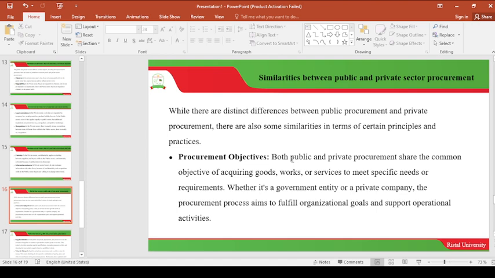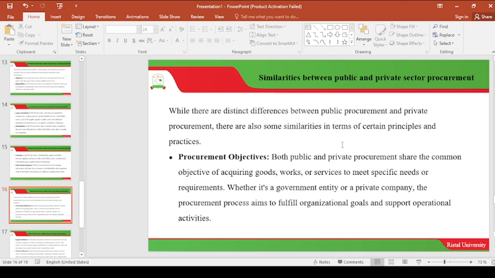Yes. While there are distinct differences between public procurement and private procurement, there are also some similarities in terms of certain principles and practices. So what are the similarities? Procurement objectives.